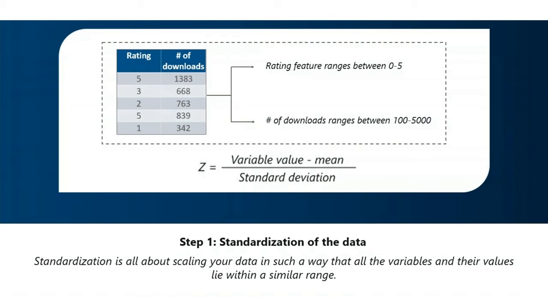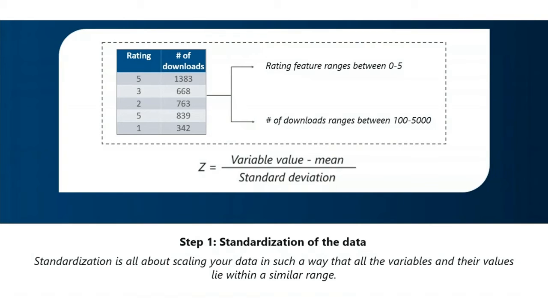Instead of having one column with a range from 1 to 5, and the second column with 342 to 1383, we are going to convert those values to a range similar to the first column. For that we use the formula z is equal to variable value minus mean.